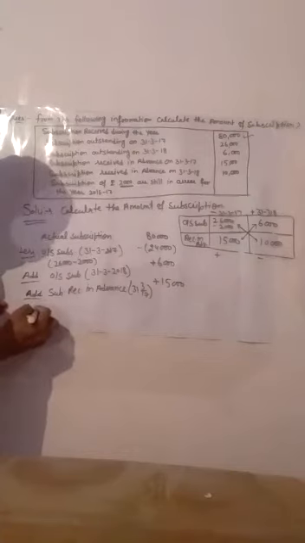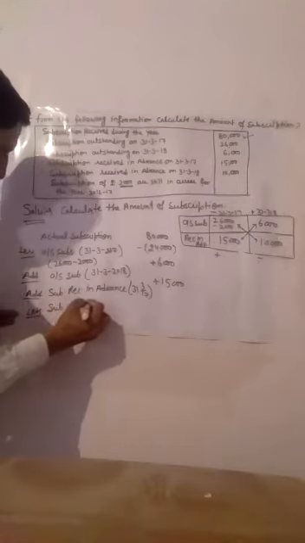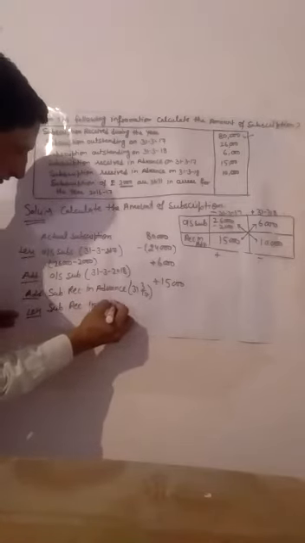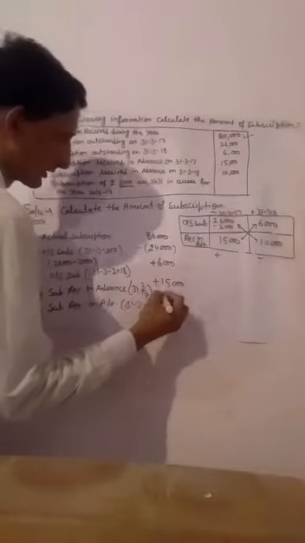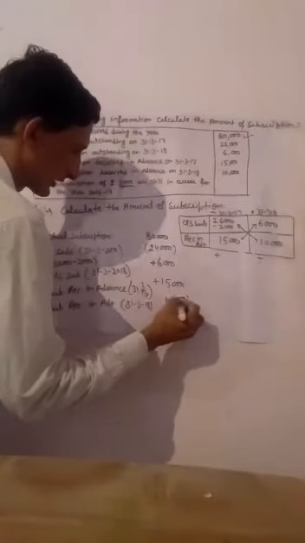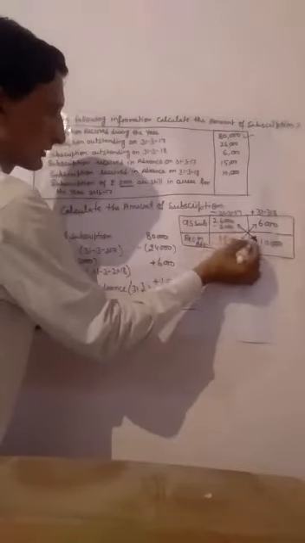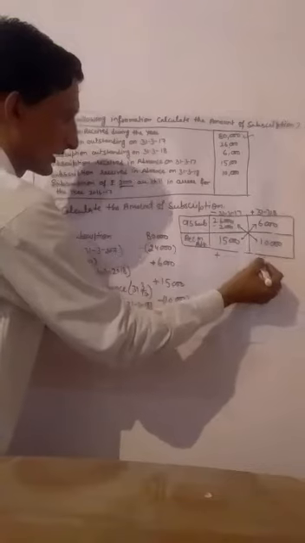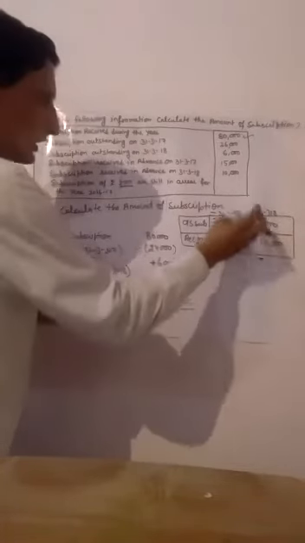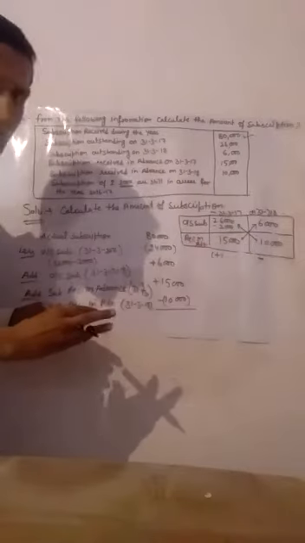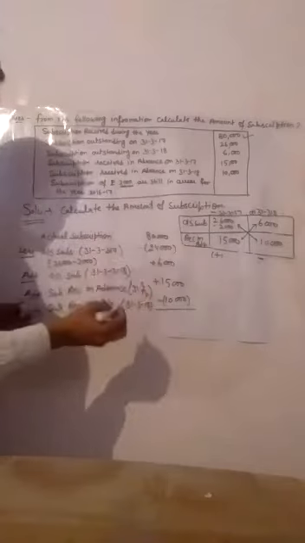And again less subscription received in advance at 31st March 2018. The amount is 10,000. That is going to be less. According to this formula, cross multiplication, that will be less and that will be less, and that is going to be plus. So use this formula to calculate the value of subscription. That is a very easy method to calculate the value of subscription.